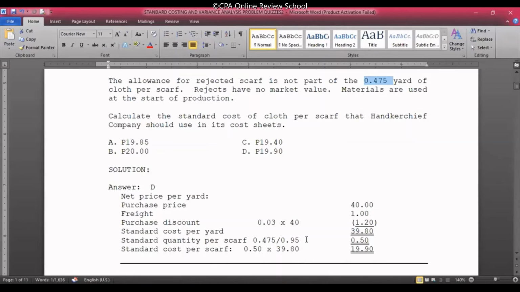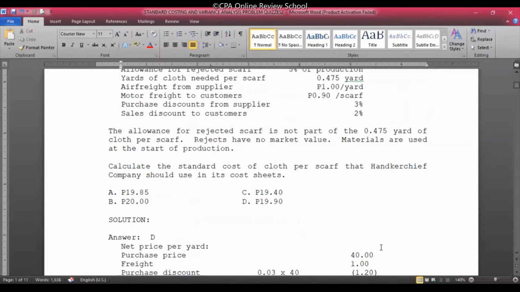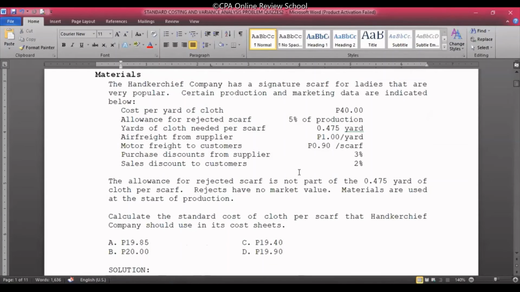That is the standard quantity per scarf. Ngayon sa isang scarf, ibig sabihin, ang standard cost mo ay 0.5 times the 39.8. Alright, so ganun lang siya. Sometimes, madami pa actually problem na mga ganito. Kailangan mo lang ng comprehension siguro and then on how you will be able to understand each problem.